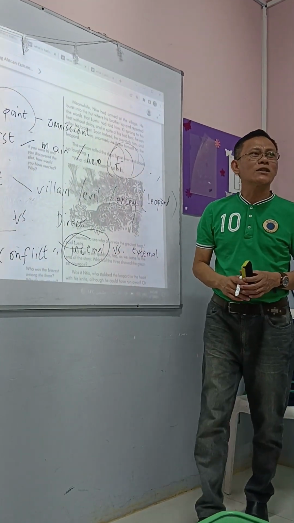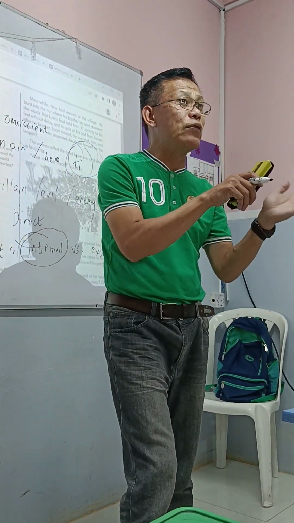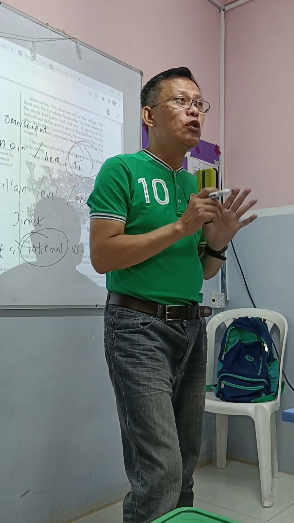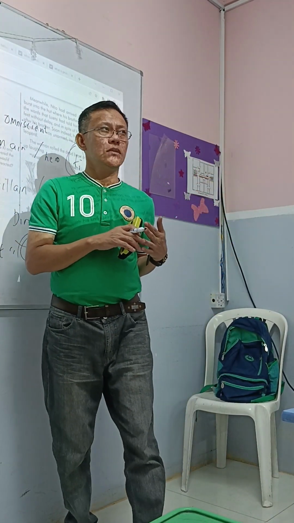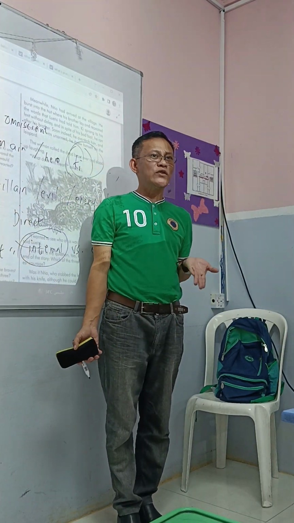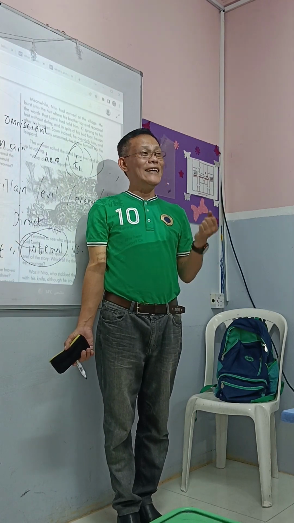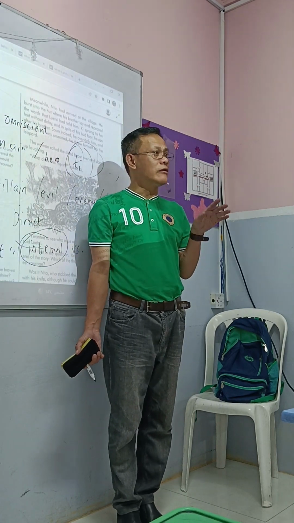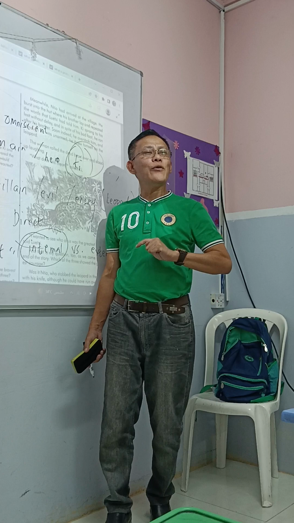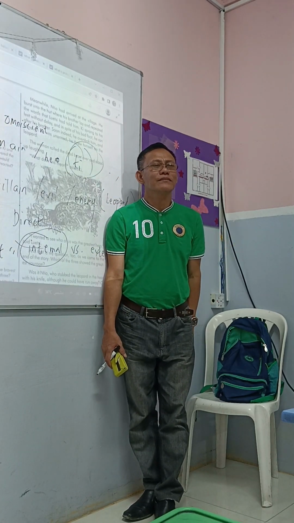Okay? Let's talk about the seven types of conflicts. We have man versus man, human versus nature, supernatural. You don't need to write because you have the chart for that. Okay. In the story you read, what types of conflict would you like to tell me?